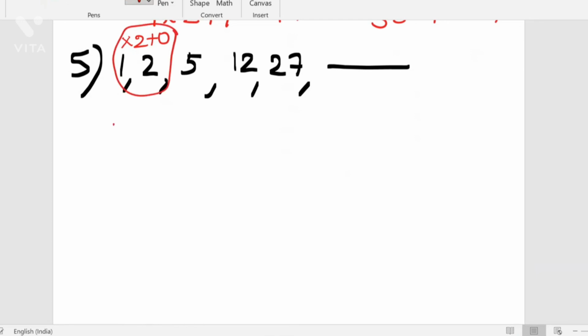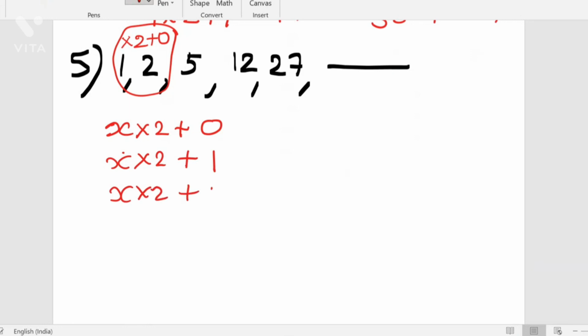So the first one is x into 2 plus 0. The next is x into 2 plus 1. Next is x into 2 plus 2. Next is x into 2 plus 3. Then x into 2 plus 4. Shall we try applying these formulas?